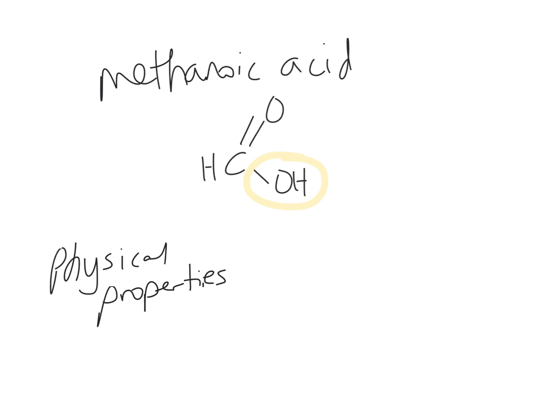Because they can hydrogen bond with each other, they have relatively high melting points and high boiling points. They have lots of intermolecular force that help keep these compounds together and help them resist changing phase upon input energy.